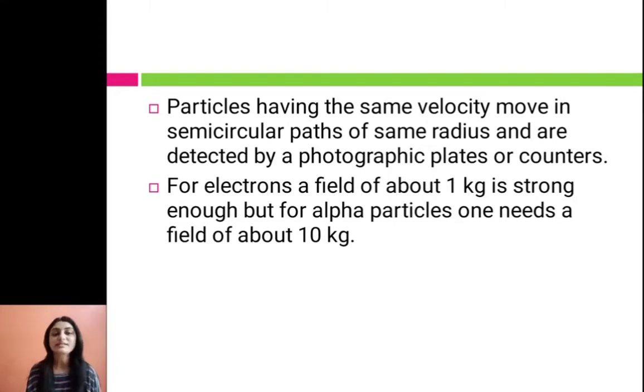If for electrons a field of about 1 kG is strong enough, then for alpha particles we need 10 times more, because of the charge and mass of the alpha particle. The mass of an alpha particle is 4 times the mass of a proton, and the mass of an electron is approximately 2000 times less than the mass of a proton. So mass plays an important role, which is why we need more field strength for alpha particles as compared to electrons.